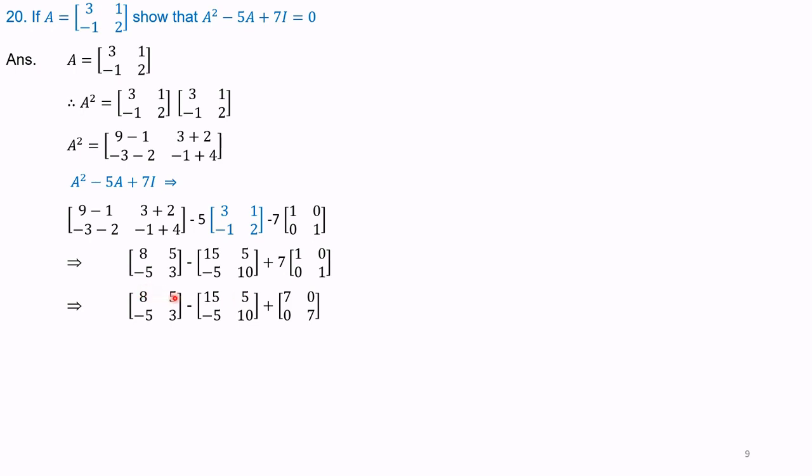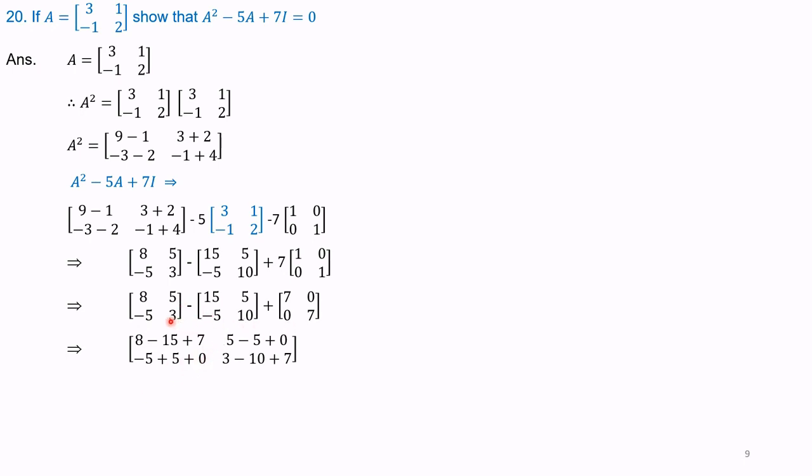Therefore, it becomes 8, 5 minus 4, 3 minus 15, 5 minus 5, 10 plus 7, 0, 0, 7. We have made 7 a scalar. Now we have to perform the operation. The first element is 8 minus 15 plus 7. The second element is 5 minus 5 plus 0. Then minus 4 plus 5, minus into minus is plus, plus 0.